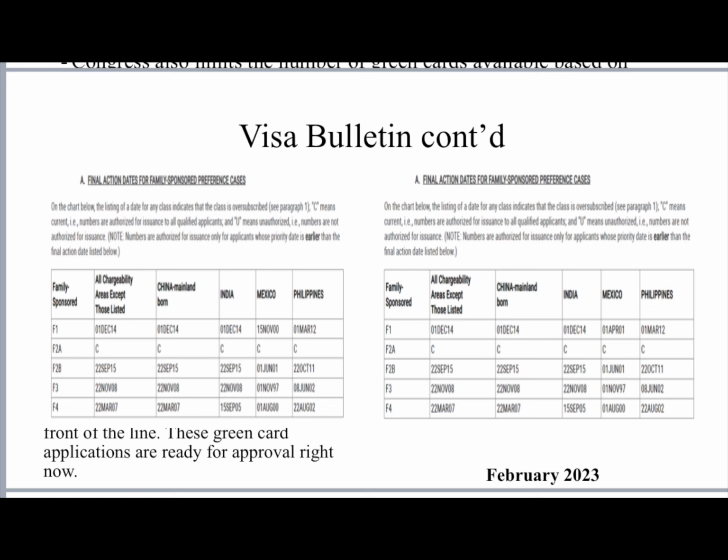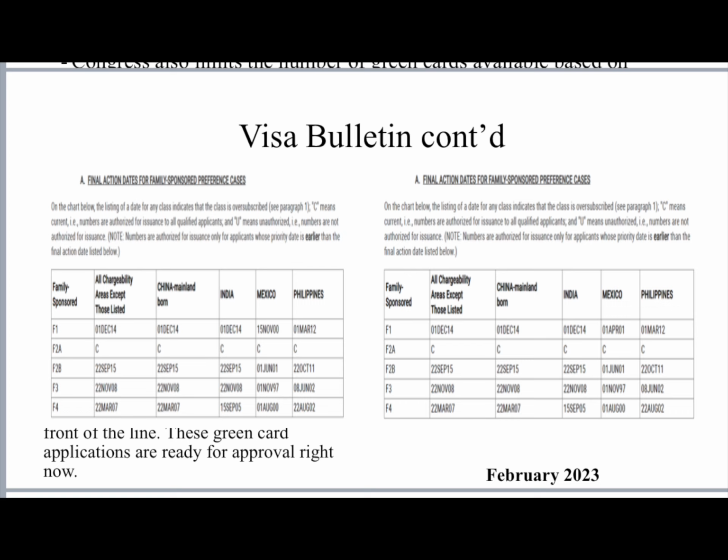If you're not from China, India, Mexico, or the Philippines, you are in the second column. That's where your priority date will lie for whichever category you are in. So my Jamaicans and my Caribbean nationals and my Africans and whoever watches this channel, we're focusing on the first and the second column of the bulletin. We don't care about the next four, right?